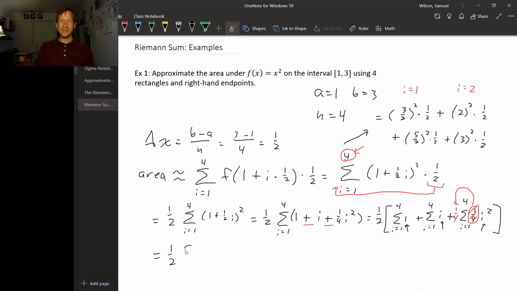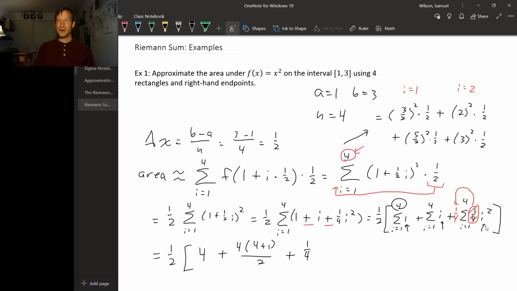So it was 1/2 times the sum from 1 to 4 of 1. Our formula told us that it's just whatever this top bound is, so that's 4, plus the sum from 1 to 4 of i, which is this top number, 4 times 4 plus 1 over 2, plus 1 over 4 times the sum from 1 to 4 of i squared.